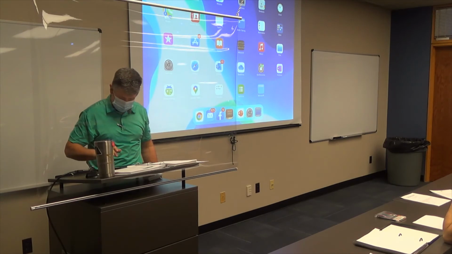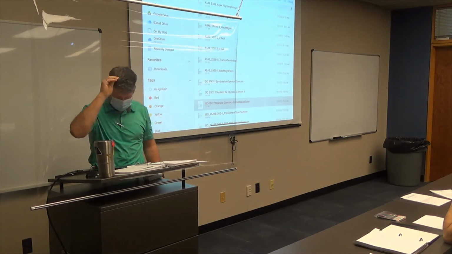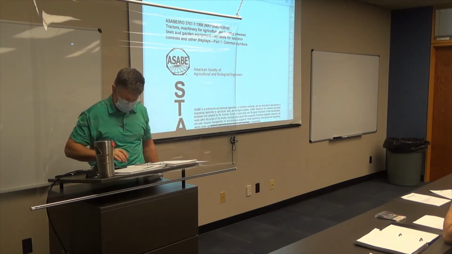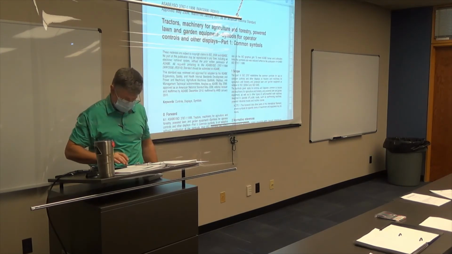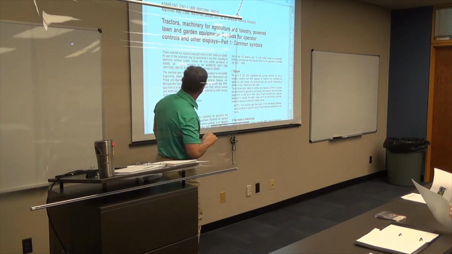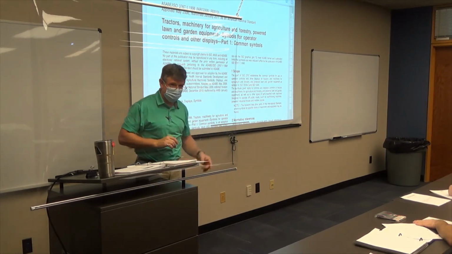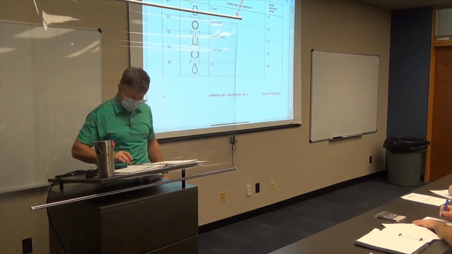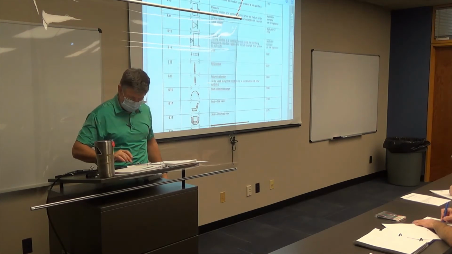What about all the symbols that you put on there? Let's see, which one do I want to look at now? 37, this one. There's a whole standard just for symbols for operator controls and other displays. This is part 1. There's a couple parts to this thing. I go down through and there's a big long table.